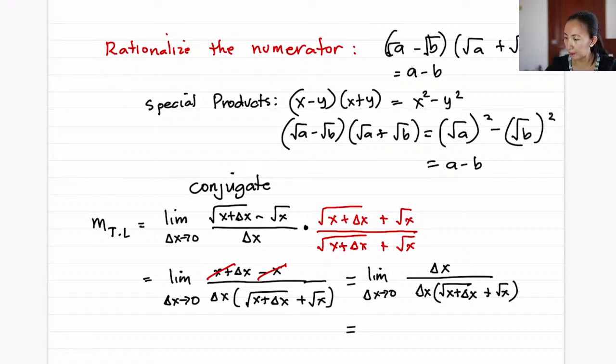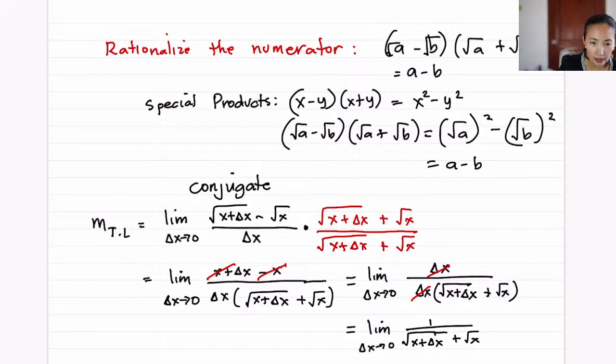What will happen? Yes, we cancel this out. What is left in the numerator then? 1 all over the square root of x plus delta x plus the square root of x, as delta x approaches 0.